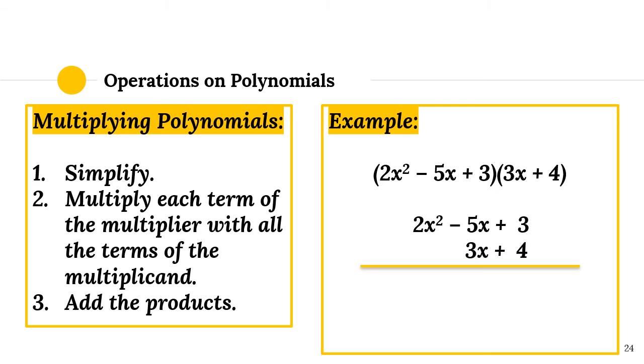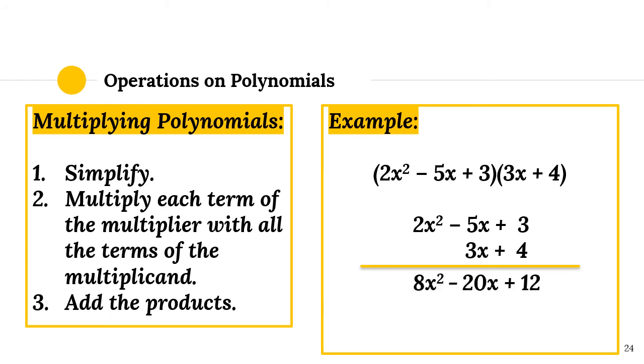The 4 is aligned with the 3, and the 3x is aligned with the 5. And then you multiply using the 4 first, the last term in the second polynomial. Multiply it with 3, with negative 5x, and with 2x squared.